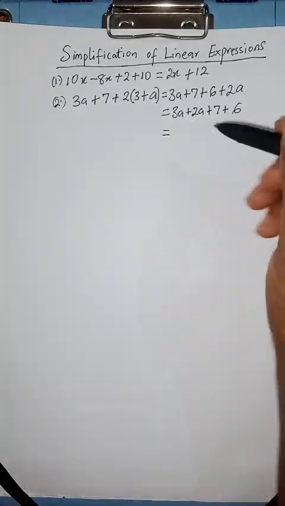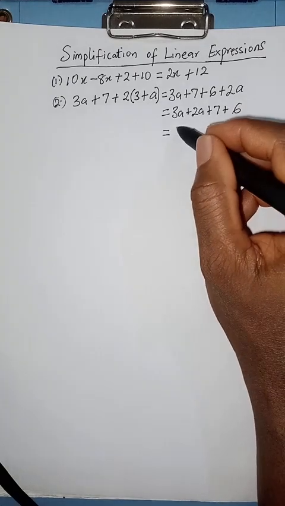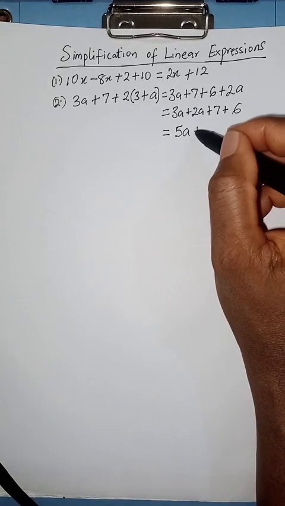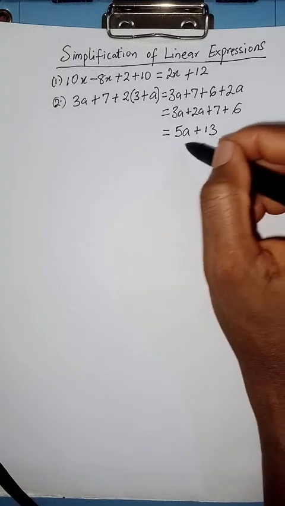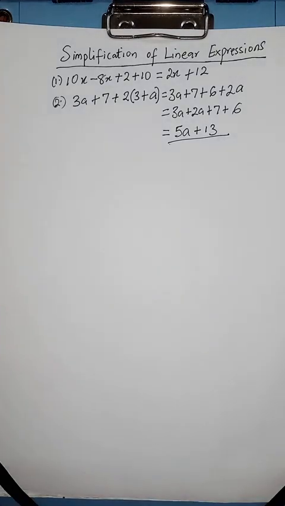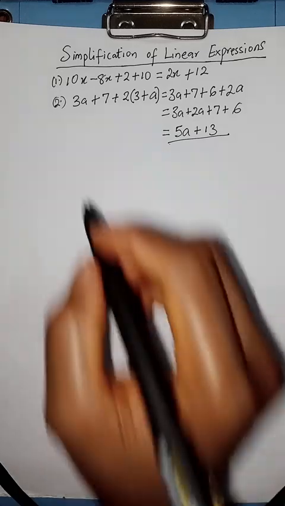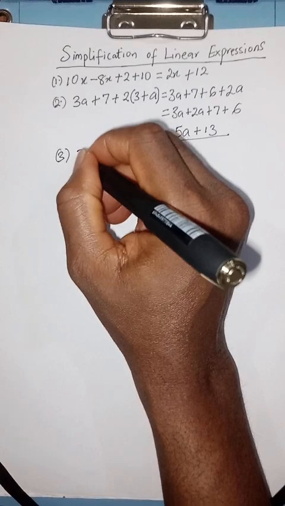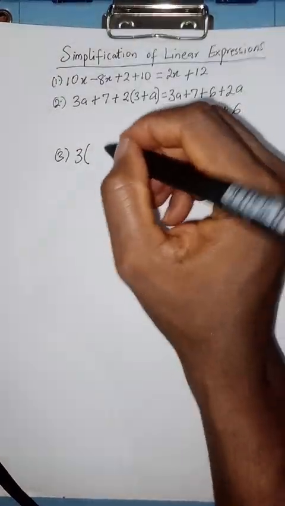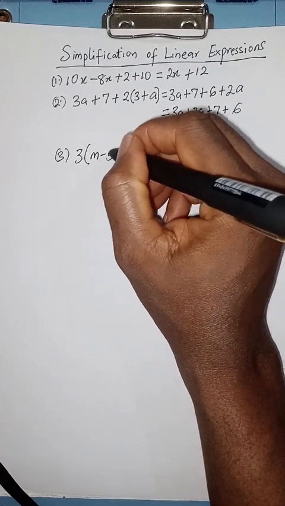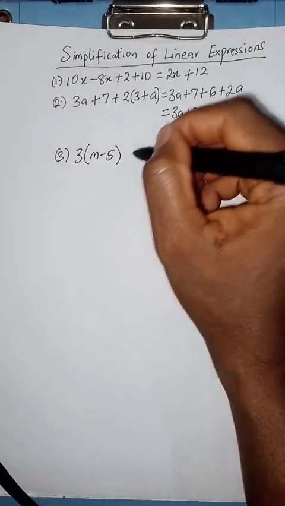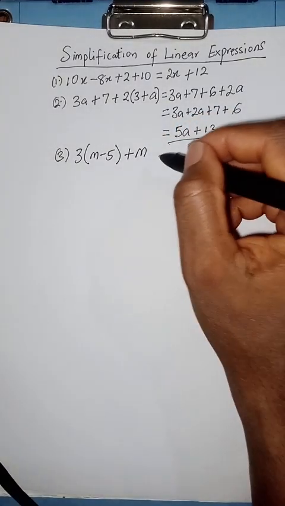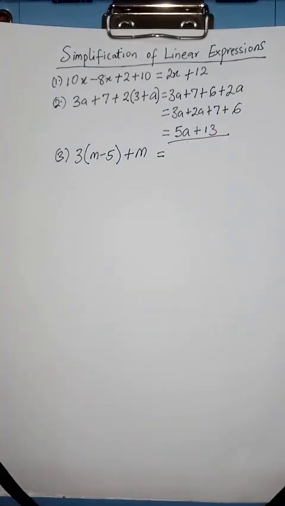This will eventually give us 3a plus 2a, 5a, 7 plus 6, 13. And this is the answer to the question. I'm going to number 3. If I have 3, open brackets, m minus 5, close brackets, plus m. What will be the solution to this question?